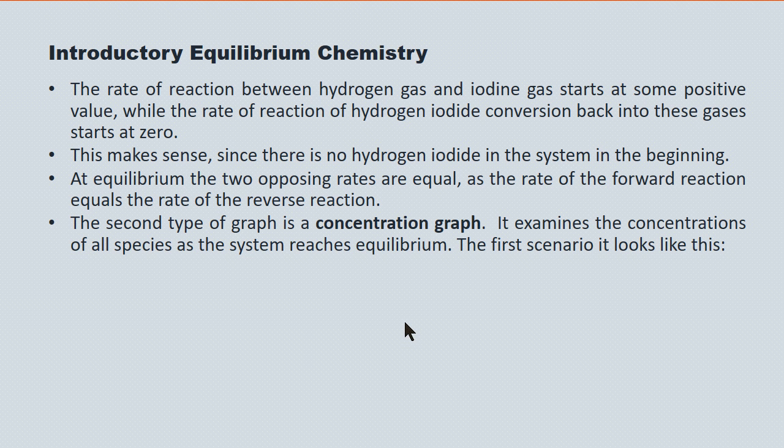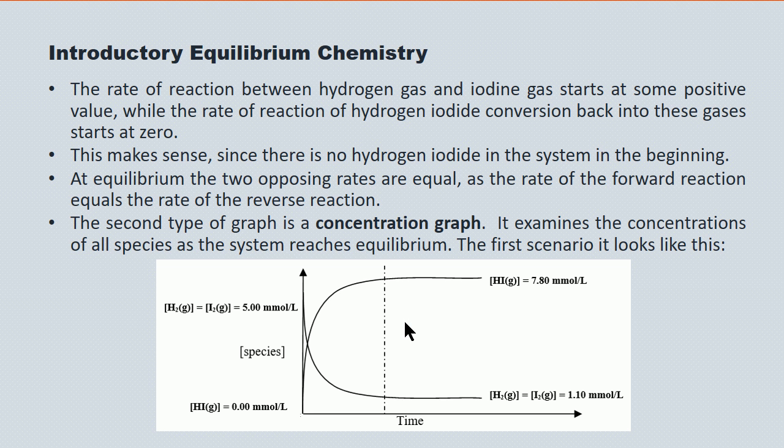And for that first trial we looked at, it looks like this. If you remember the values, the concentration of hydrogen and the concentration of iodine are equal, and they both equal 5.00 millimoles per liter. And we had no hydrogen iodide to start with, so it starts at 0 millimoles per liter.